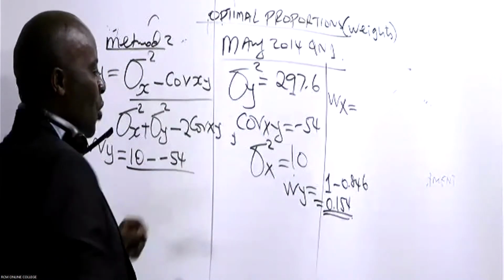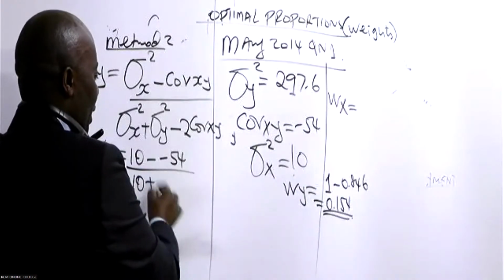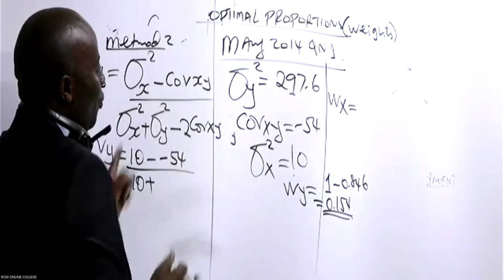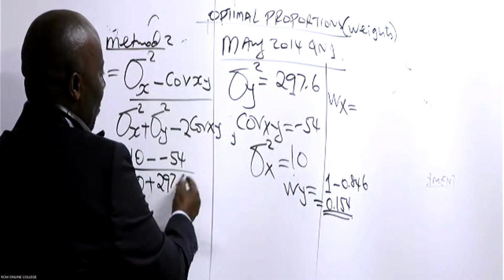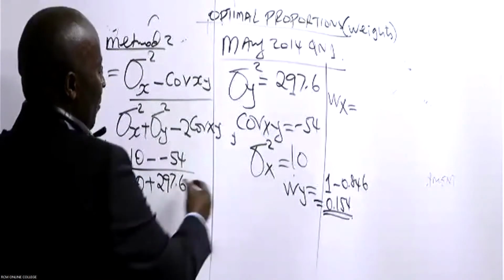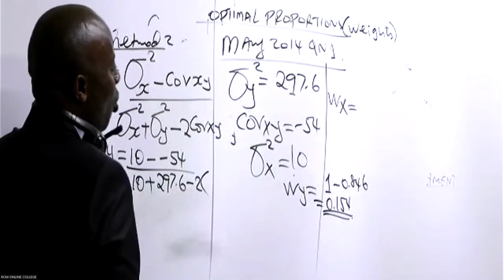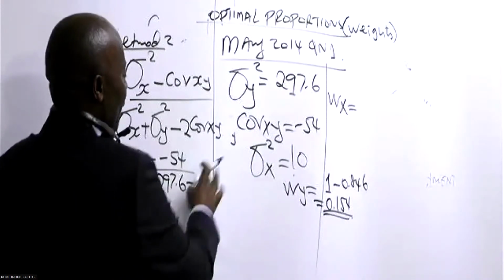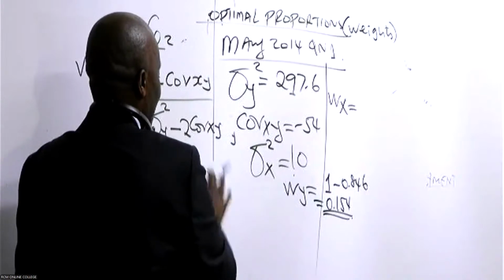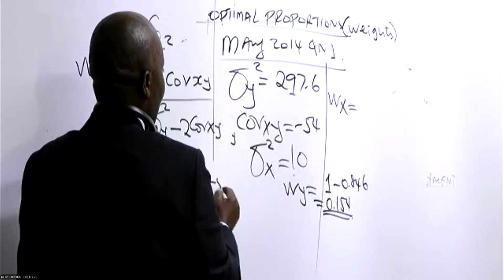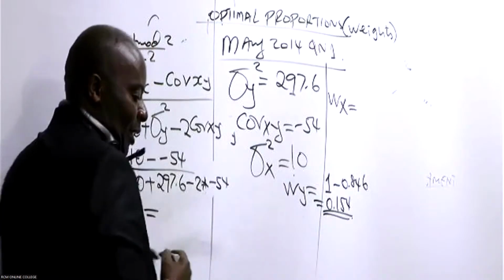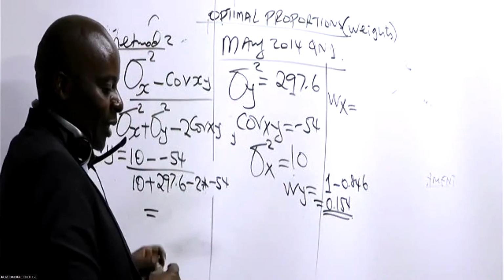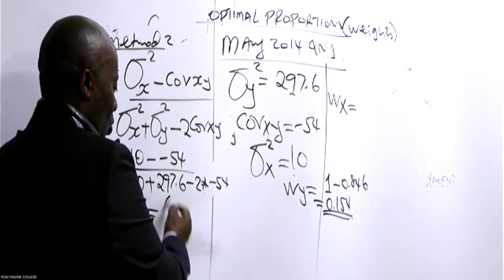All over variance of x, already we have it. It is 10 plus variance of y, which is 297.6, minus twice covariance, I can even say times here instead of brackets, so times negative 54. So please give me the numerator here, 64.